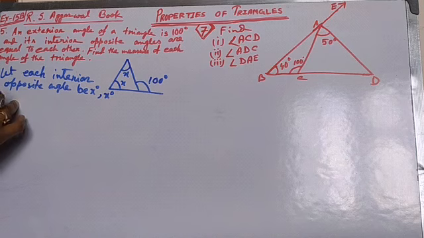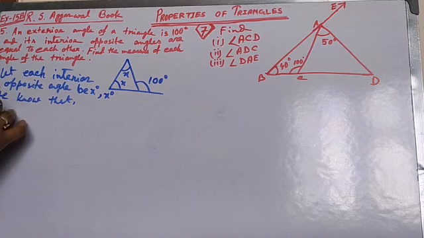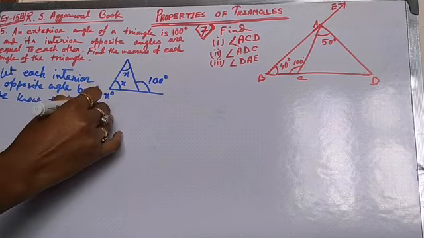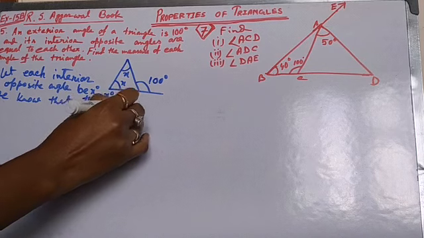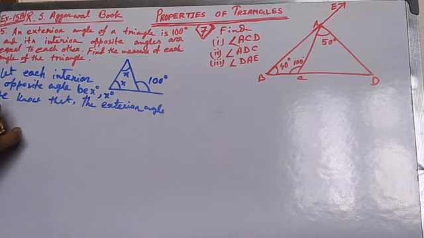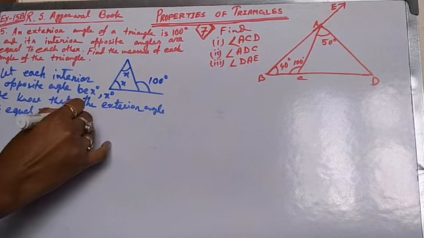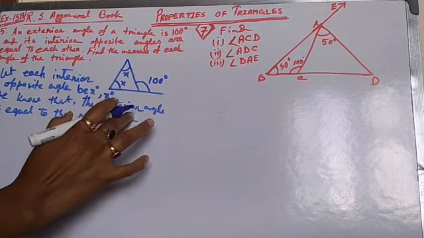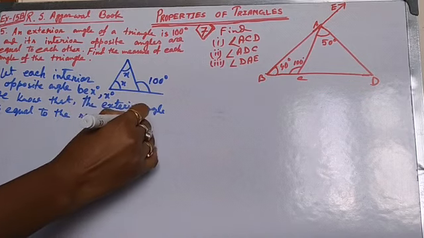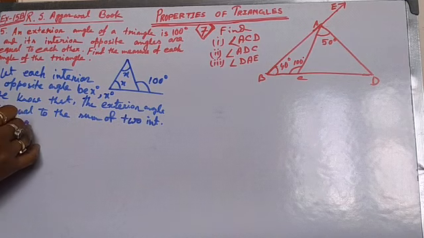Then we know that the exterior angle is equal to the sum of the two interior opposite angles.